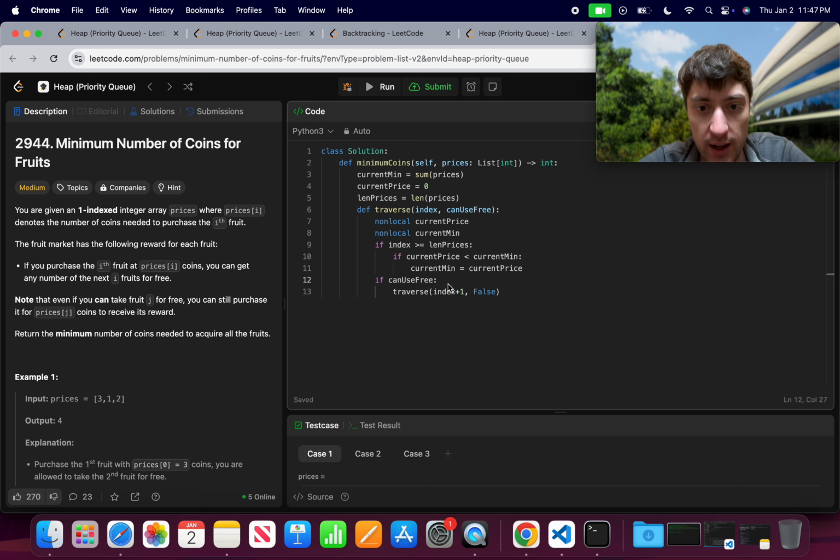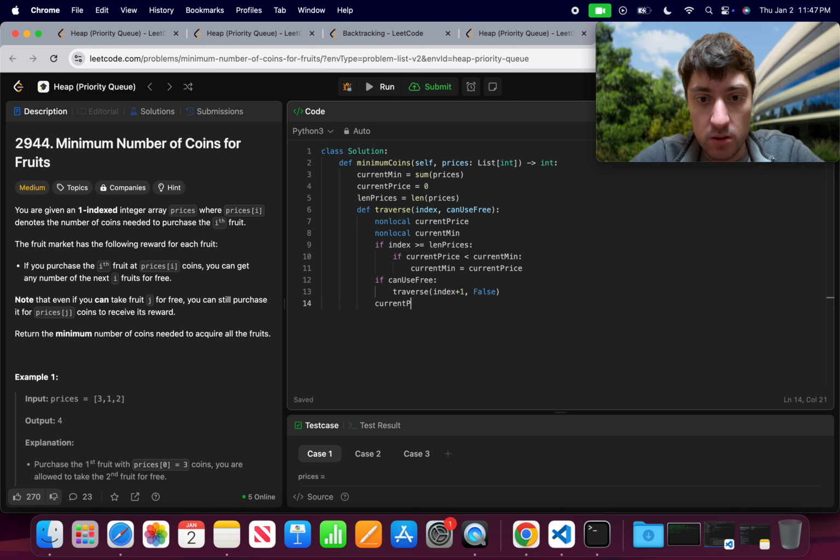Now current price will stay the same. I'm not going to use my current price. Now I've tried not paying the price, so now it's time to pay the price of this item.